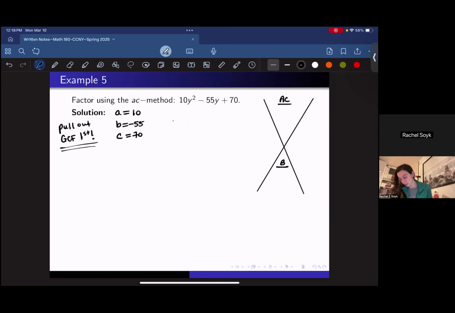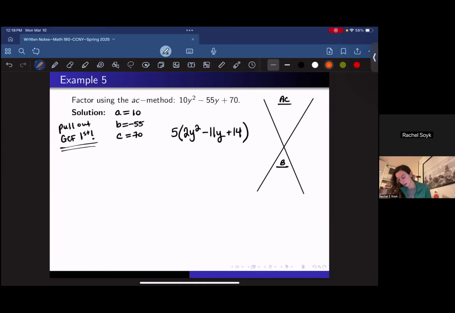So when we pull out our GCF, which in this case is just 5, we're left with 5 times 2y squared gives us that 10y squared. 5 times negative 11y gives us the negative 55y. And then 5 times 14 gives us that positive 70.